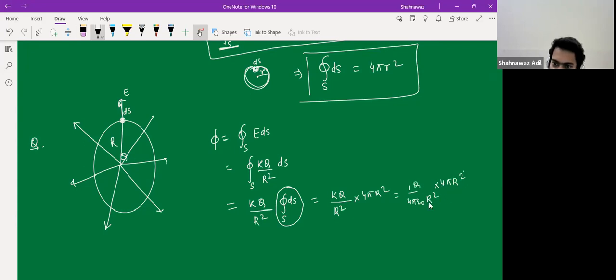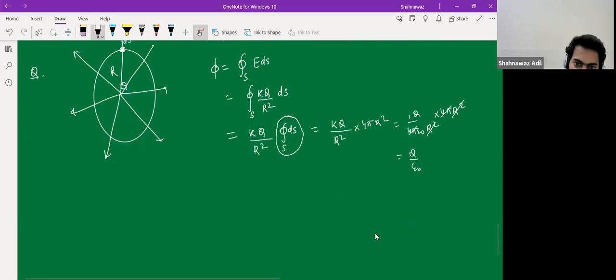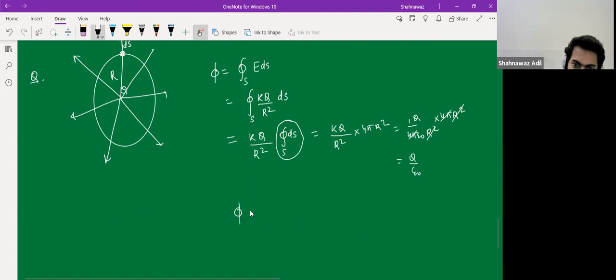So r square cancels, 4 pi cancels, and we have Q by epsilon naught. So you can see the value of flux through a closed surface is Q, let's say Q enclosed in the surface, by epsilon naught.